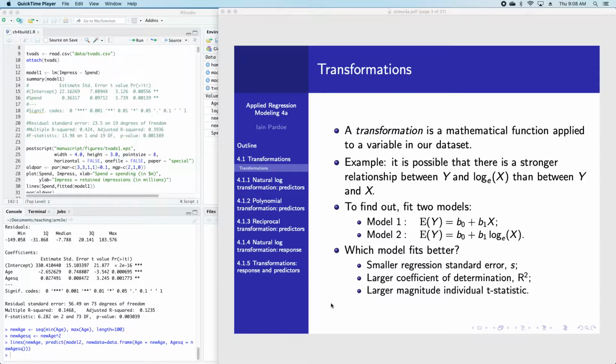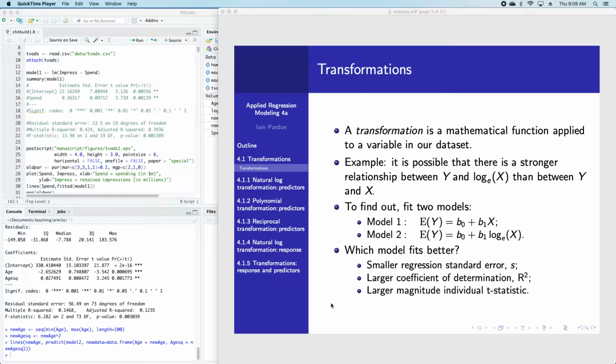And we're going to ask the question which model fits better, and we're going to address that using the measures of model fit that we talked about earlier. We're going to look at the regression standard error, S, which gives us a measure of how accurate predictions from the model are likely to be. So we want that to be small so that the predictions are more accurate. We're going to look at the coefficient of determination r squared, so how much of the variation in the response variable can be accounted for by the model.